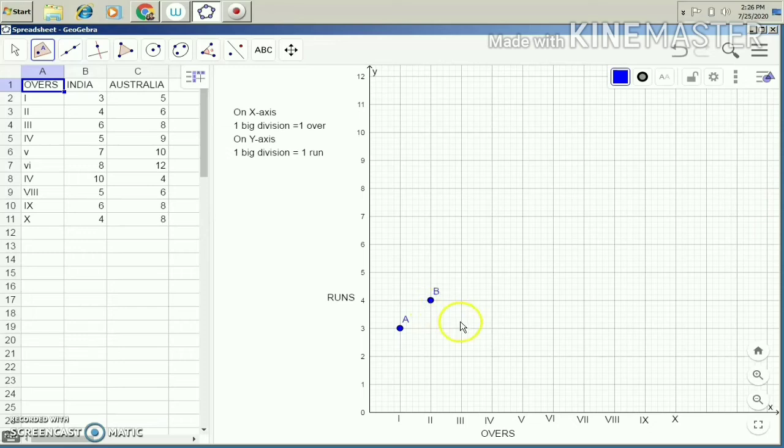Then third over 6 runs, then 4th over 5 runs, then 5th over 7 runs, then 6th over 8 runs, then 7th over 10 runs, then 8th over 5 runs, then 9th over 6 runs, then 10th over 4 runs.